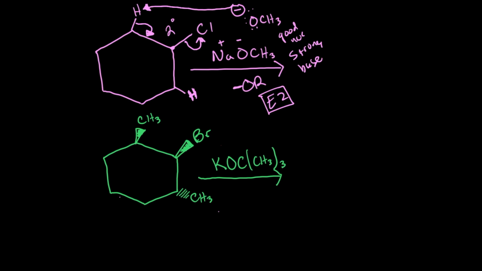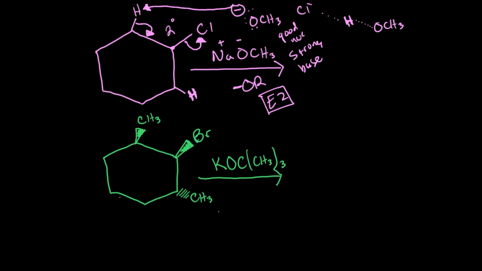So you can imagine its transition state is going to look something like OCH3. Here's our hydrogen, and then our chloride at the same time is getting kicked out. Okay, something like that, right? That's what the E2 is referring to. Anytime it's E2, SN2, it's all happening in one step.